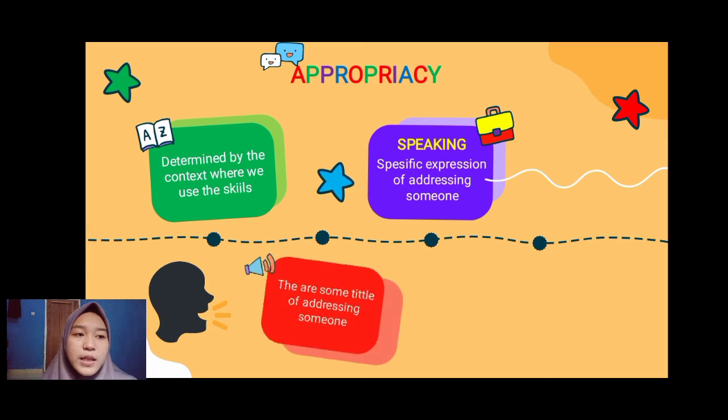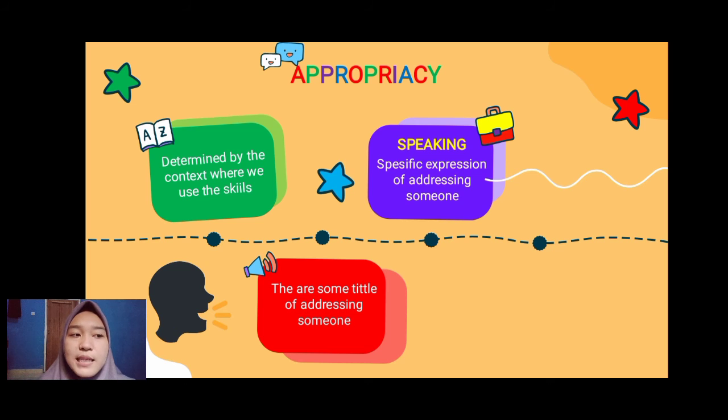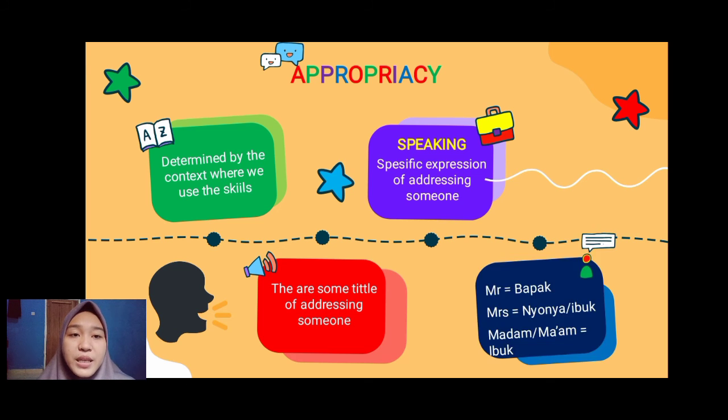There are some titles of addressing someone, such as Mr., Mrs., Miss, and so on. Then we have to score the way to address, for example, which is attached to the name, like Mr. Joko Widodo. So usually in Indonesian culture, we just refer to Mr. as Bapak. Actually, there is a cultural message reflected in the title of addressing Mr.